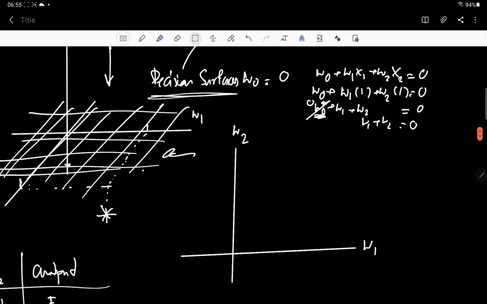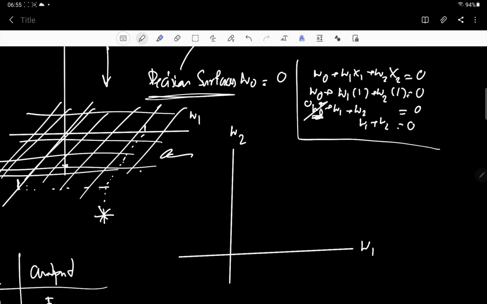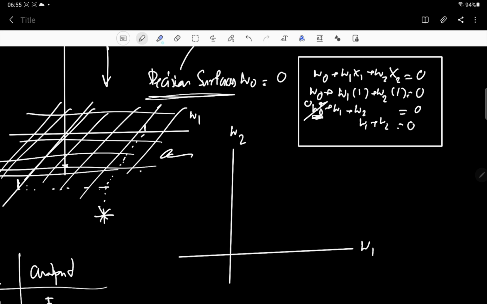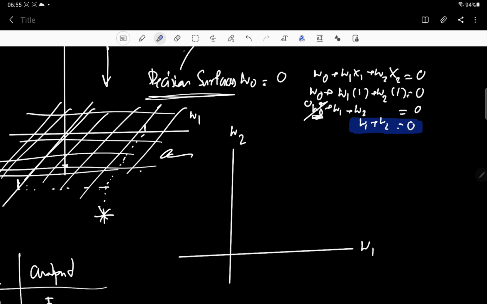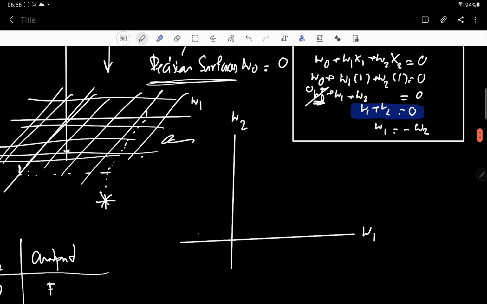So what we have here is this part. W1 plus W2 is 0. What is this line? You can imagine that this one will be W1 equals minus W2. So now what we have will be changed like this.